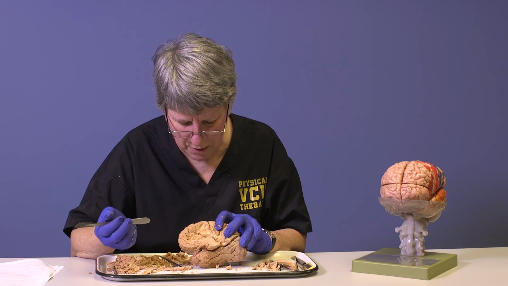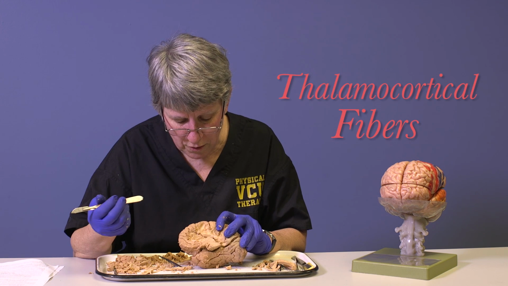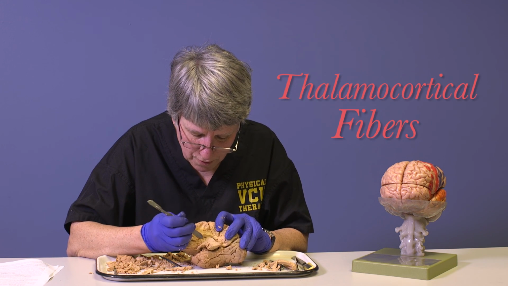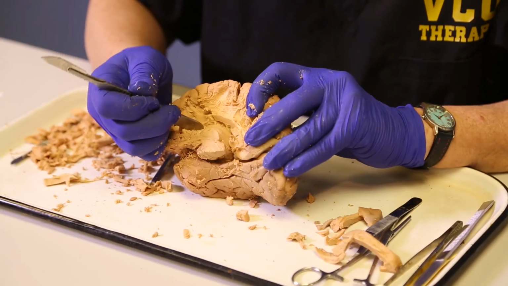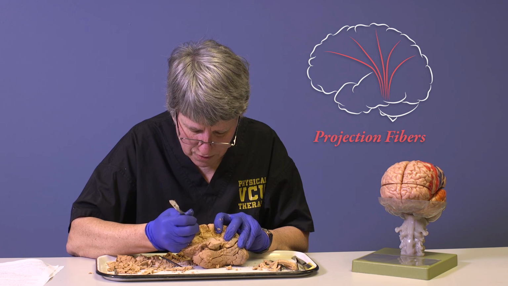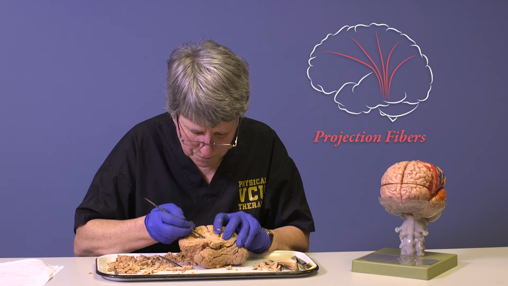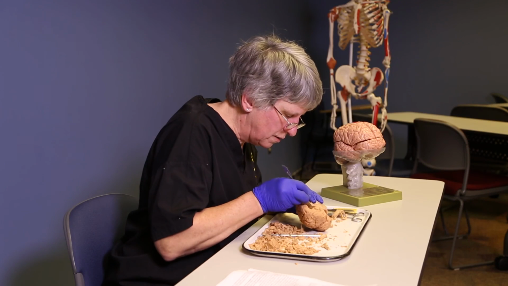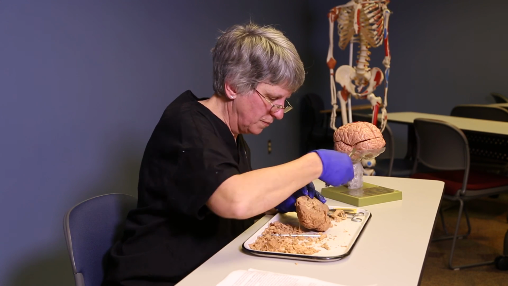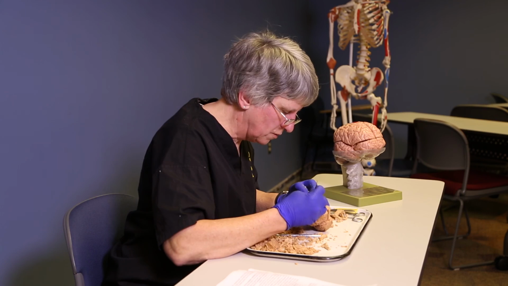Those would be the thalamocortical fibers. And then as we go further into here, now we start having the projection fibers, the corona radiata, which are the fibers coming from the motor cortex and becoming corticospinal fibers.